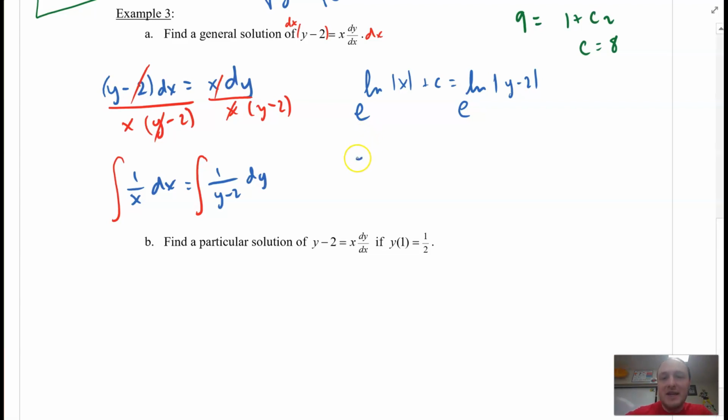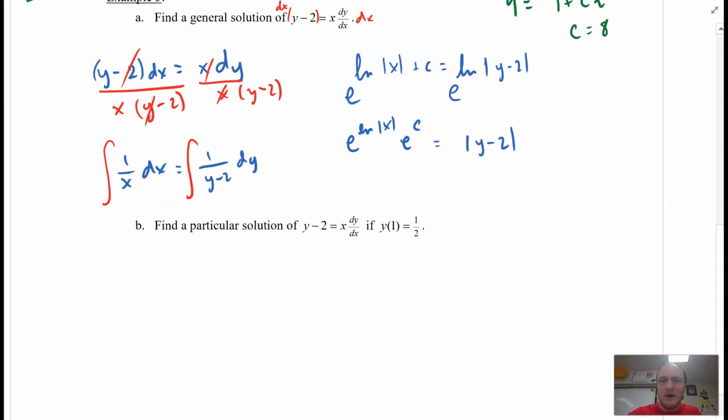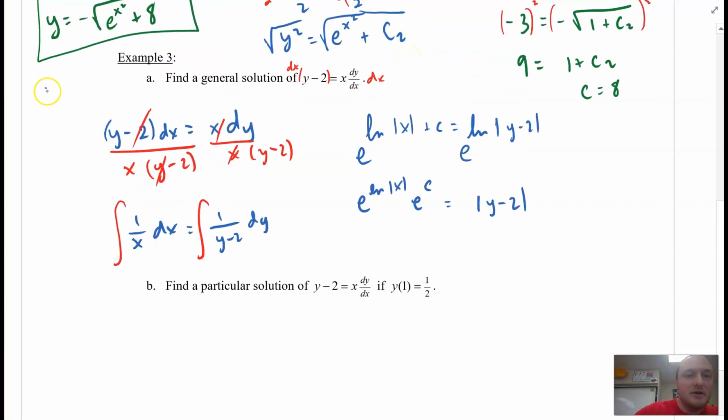So what we get is e to the power of ln of absolute value of x times e to the power of c, which is equal to, note this just becomes, the absolute value of y minus 2. Now how did I get this? Well, remember this property: a to the x times a to the y is equal to a to the power of x plus y.